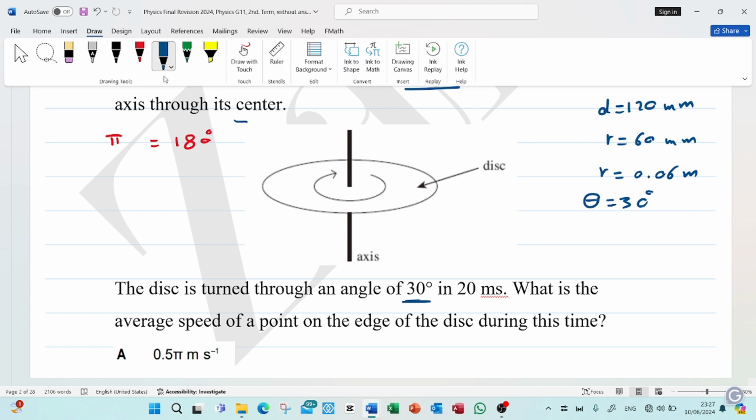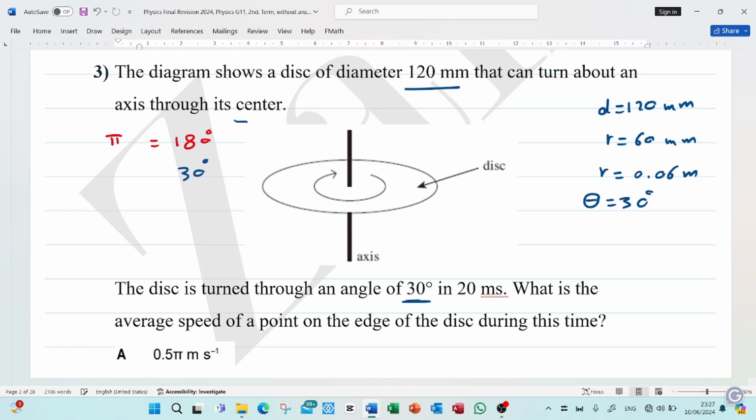Then we put here 30, and then we do cross multiplication. So the angle in radian is 30 pi over 180. This is theta in radian. By using calculator to simplify, it will be pi over 6. Then our angle 30 degrees in radian is pi over 6.